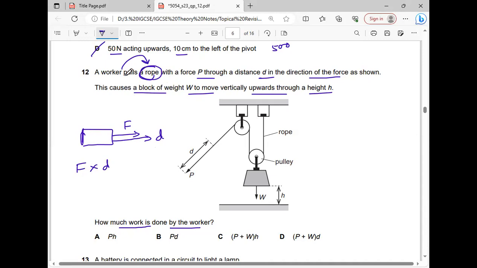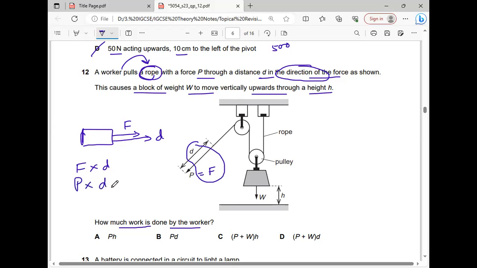Now according to this statement, the worker pulls a rope with a force P. It means this will be F, to a distance D in the direction of the force. Now this is a clear indication that force is applied and distance D is covered in the direction of force. So this will be the answer, F into D. But in place of F, what will we put?